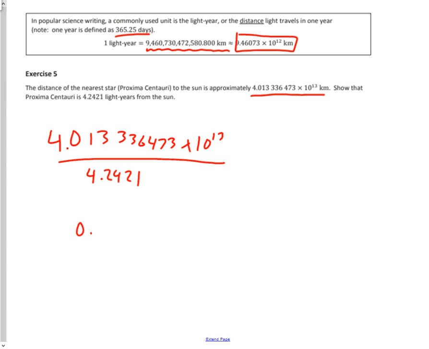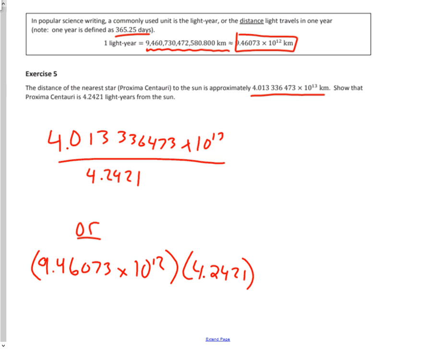Or we can multiply what a light year is, 9.46073 times 10 to the 12th power, by how many light years there are. Let's see what we get, and we should get the distance to Proxima Centauri.